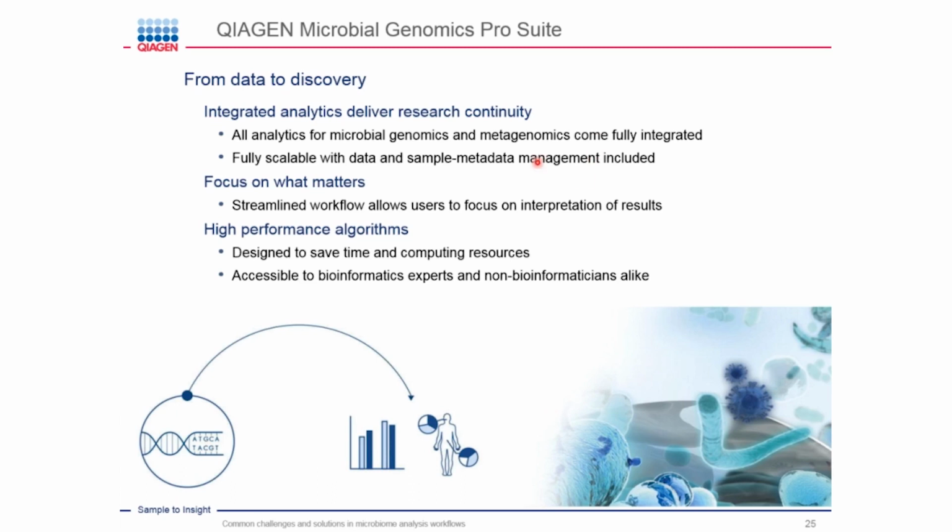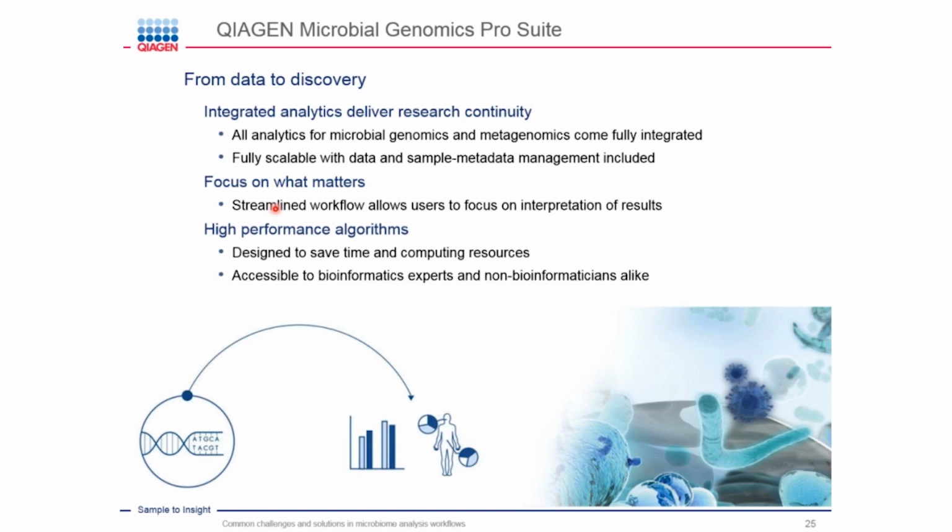So it can do the complete analysis of microbial genomics and metagenomics, and it's completely integrated. And you can use it for what you want. You have streamlined workflows to focus on the interpretation of the results. And the algorithms allow you to run the analysis on a standard computer. So you don't need the multi-core, high-power server, which was needed before.